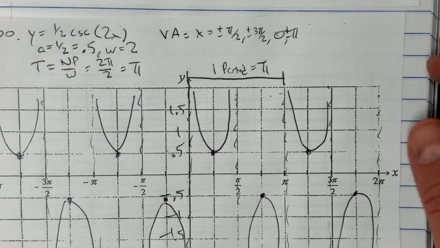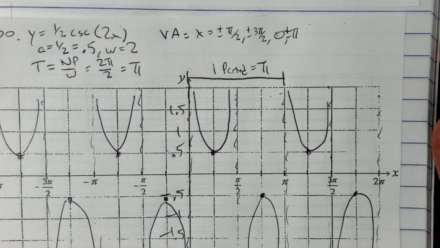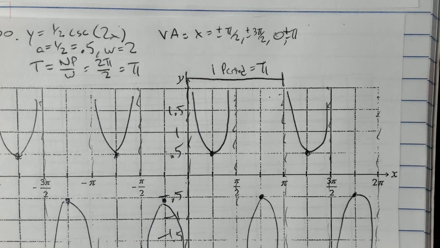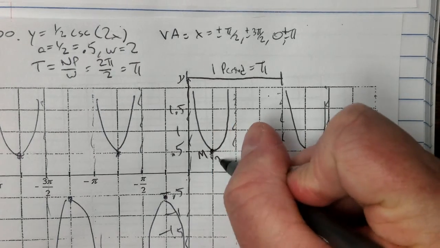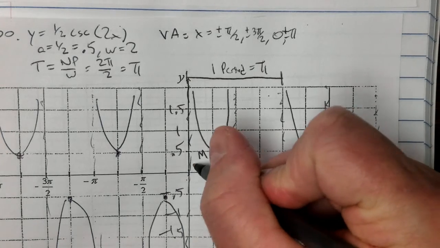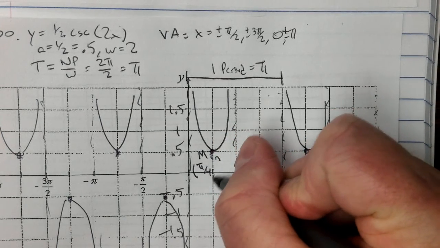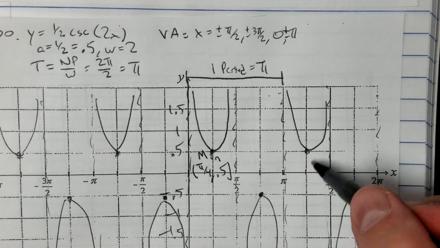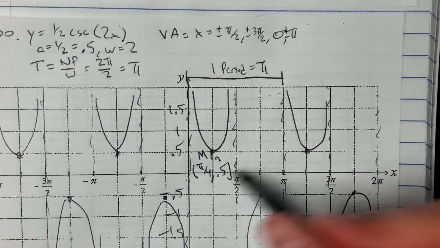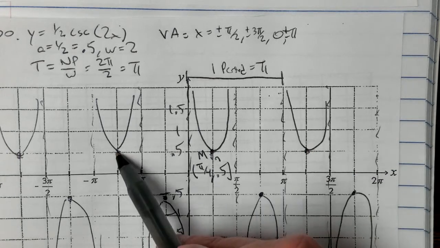Okay, other things we need to write on this one. Let's see. Your minimum is this point, which is pi fourths, comma 0.5, and it's also this point, which has a 0.5, and this one.